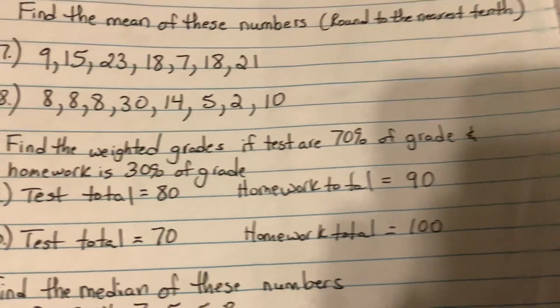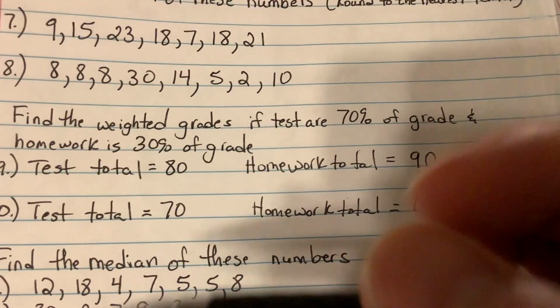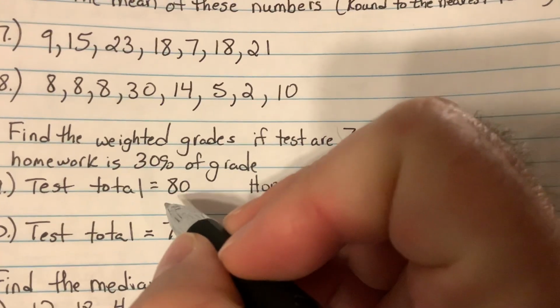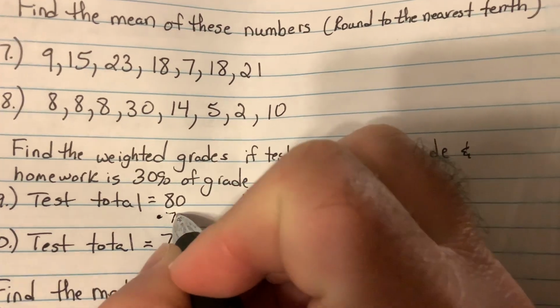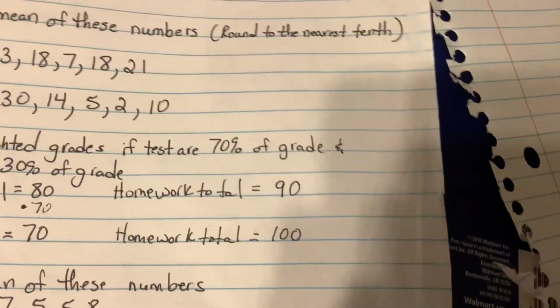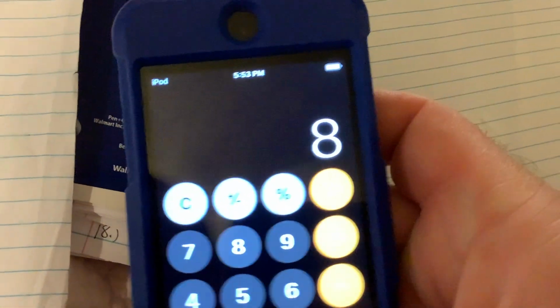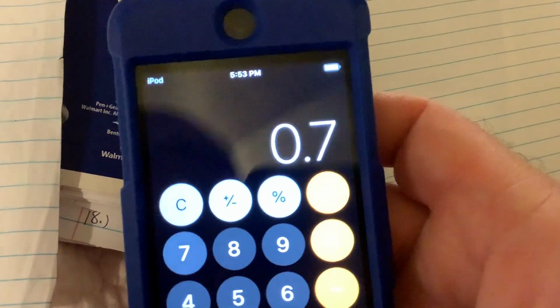So we take the test total, which was 80, and we're going to multiply that times 70%, times 0.7. Okay, that's 70%. So let's do that. 80 times 0.7 is a 56.